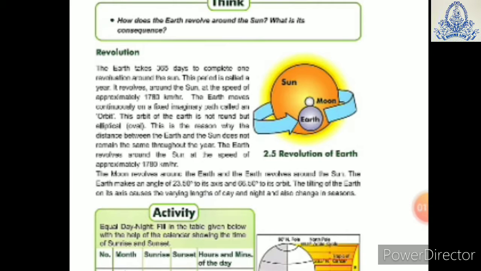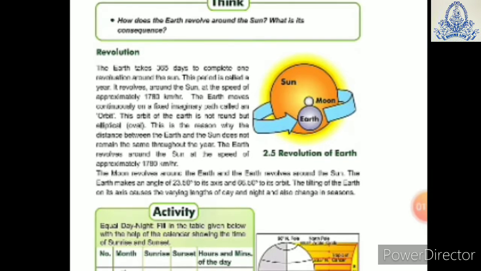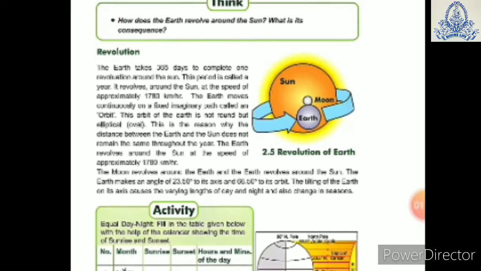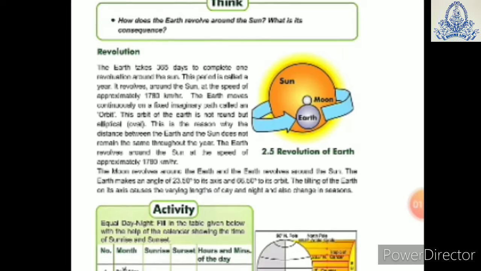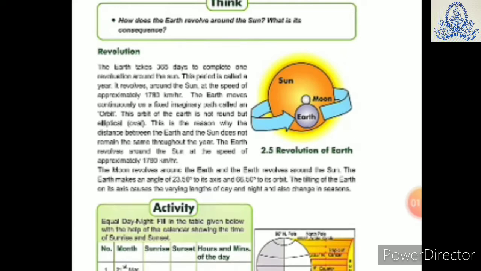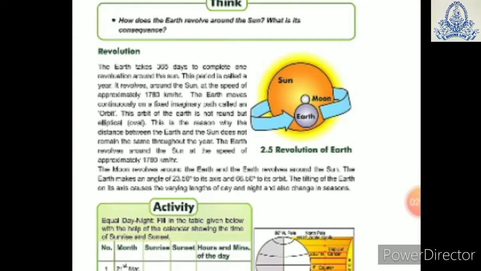Because of this revolution, and the elliptical, or oval, shape of that orbit, we cannot find the same distance between sun and earth throughout the year. And one more thing you must know: the earth is tilted at an angle of 23.5 degrees. Okay, tilted.